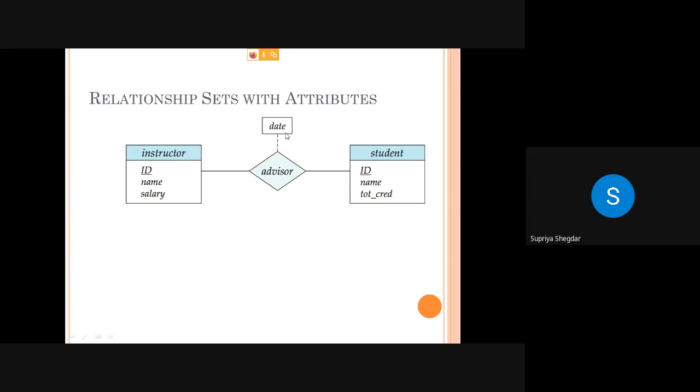Okay, means this date is the attribute for the relationship set advisor, and this date attribute is called a descriptive attribute, because we know that an attribute of a relationship set is called a descriptive attribute, and it is represented with the help of a small rectangle, and that attribute is connected with the relationship set with the help of dashed lines.